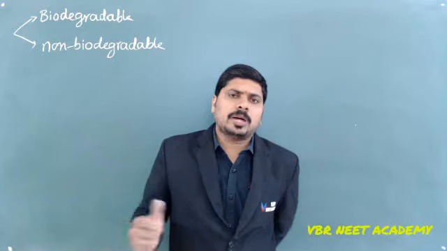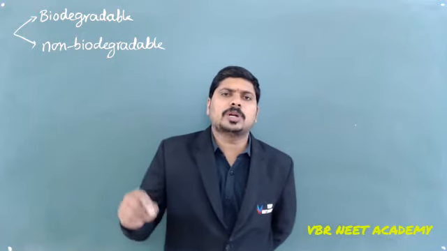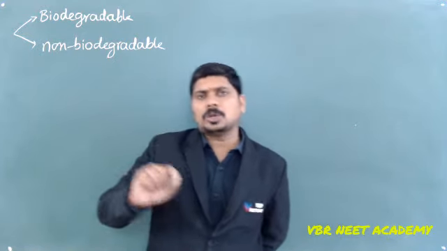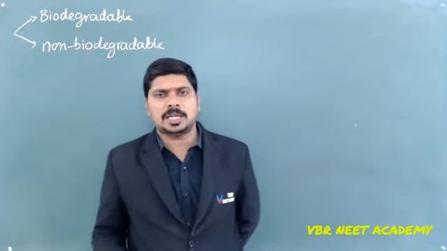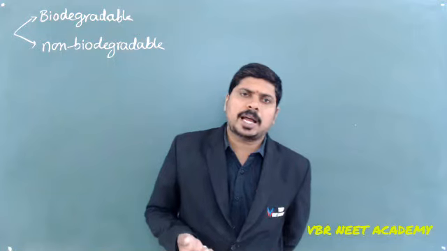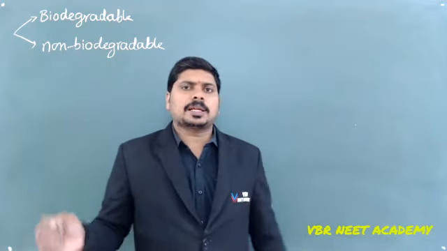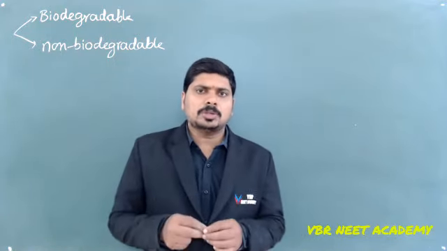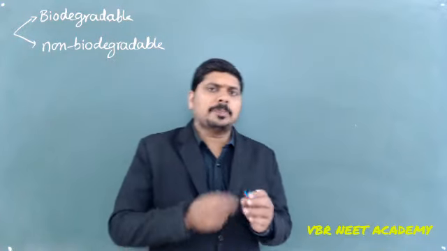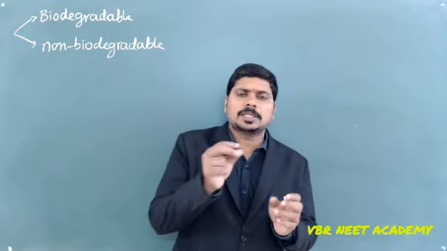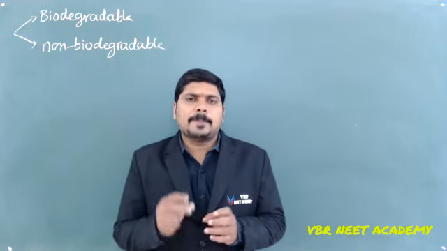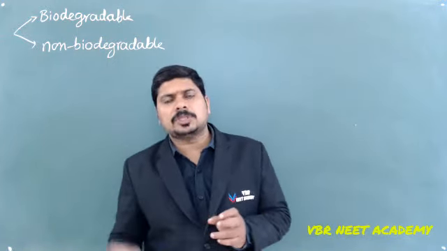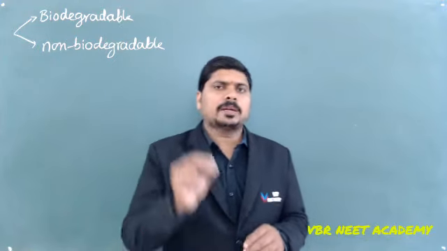The soil consists of microorganisms. We have fungi, bacteria, so many microorganisms. These microorganisms interact with those substances, and these substances get metabolized by the enzymes released by the microorganisms.